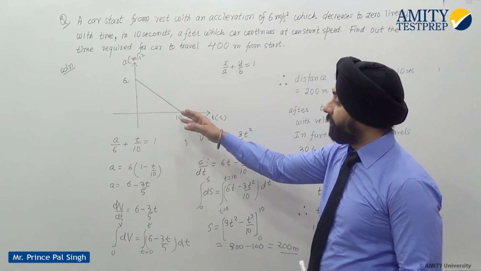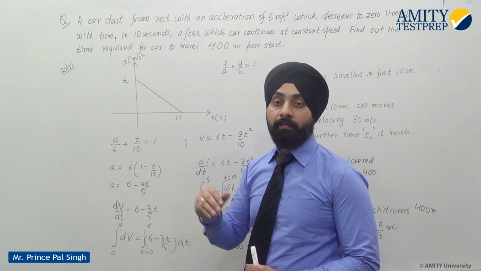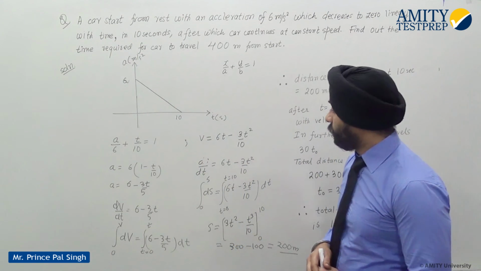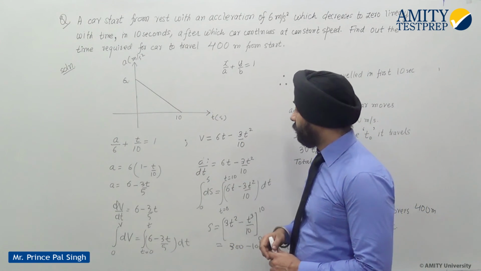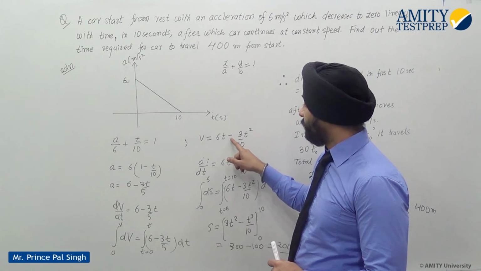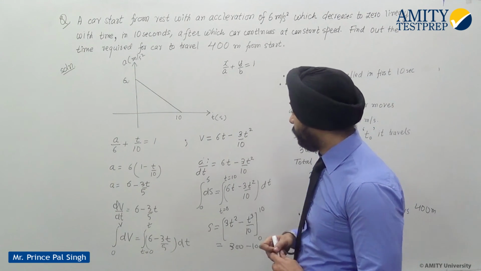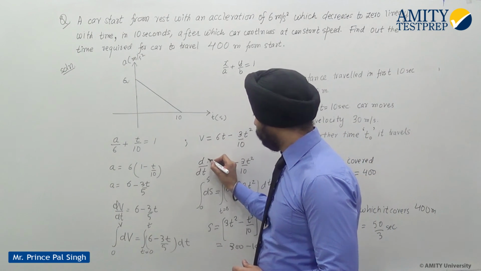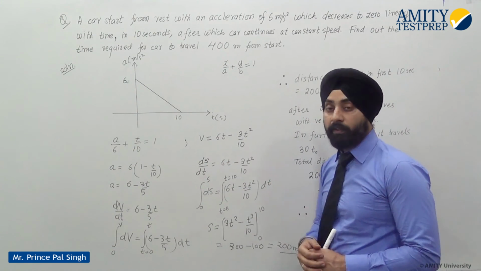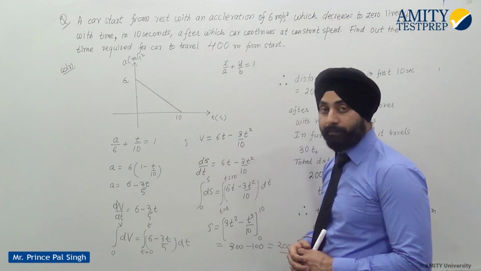We can also find out the velocity at t equal to 10, because after that it continues with the same velocity, which is the velocity at t equal to 10. So if we put t equal to 10 here, 6 into 10 minus 3 into 10 square by 10, that is 30. So ds upon dt, the instantaneous velocity, equals 6t minus 3t square by 10.